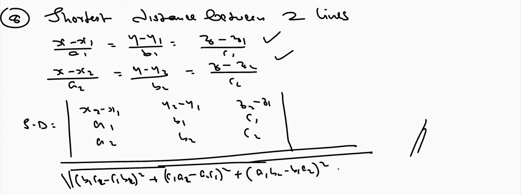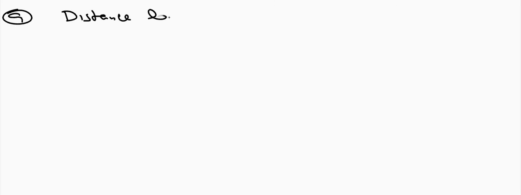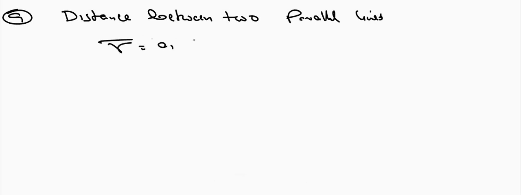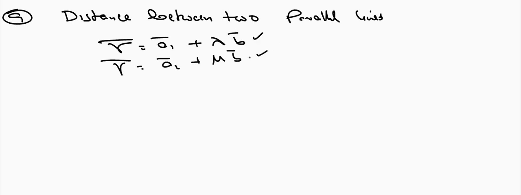Okay, the next one is number 9. Distance between two parallel lines: r vector equals a1 vector plus lambda b1, and r vector equals a2 vector plus lambda b2. If the lines are parallel, then b1 is a scalar multiple of b2, so we take b vector itself.